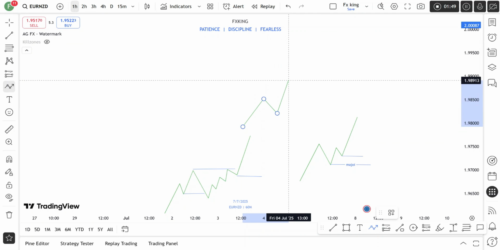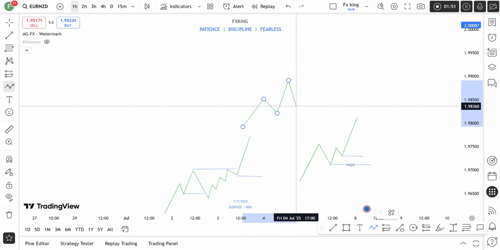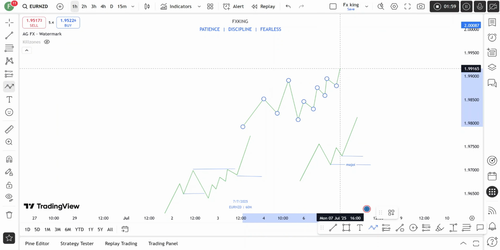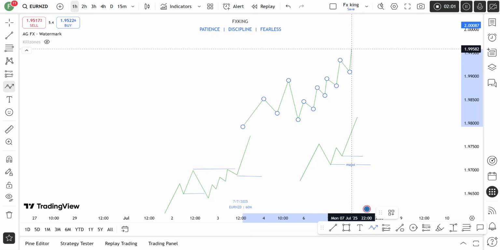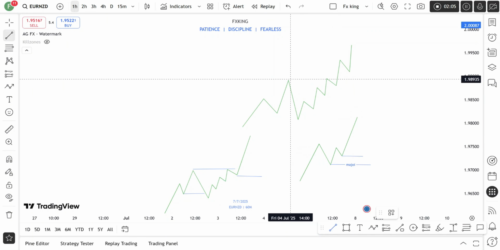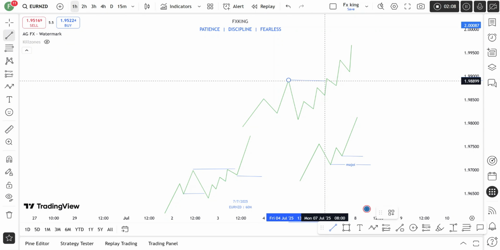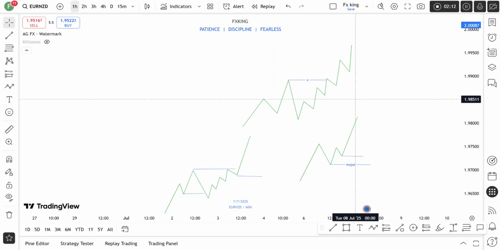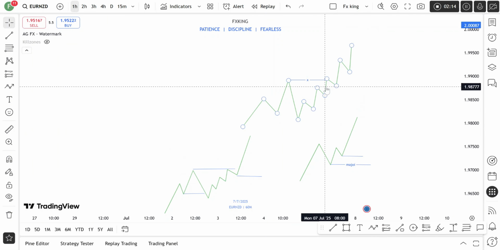Then if price takes out this major inducement, it goes back to create another break of structure, with other moves like this. So if price goes back to create a break of structure here like this, everything inside this range is a minor inducement.